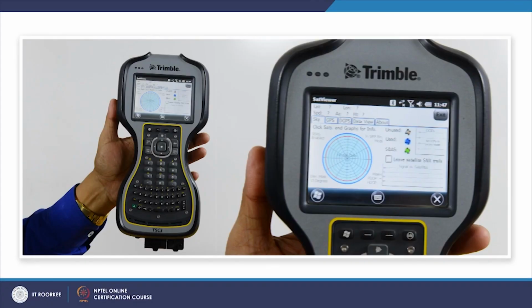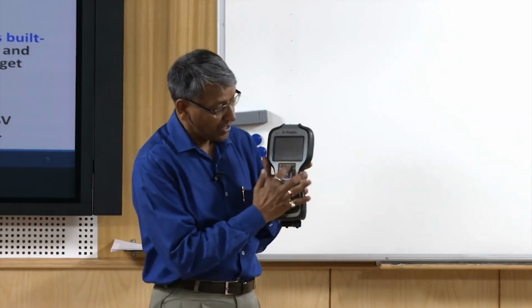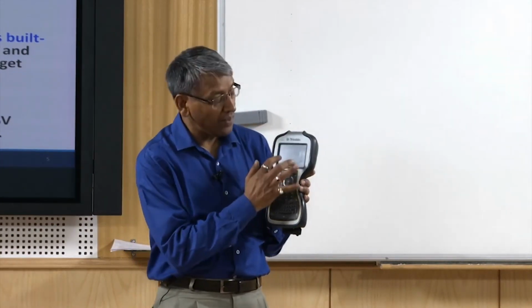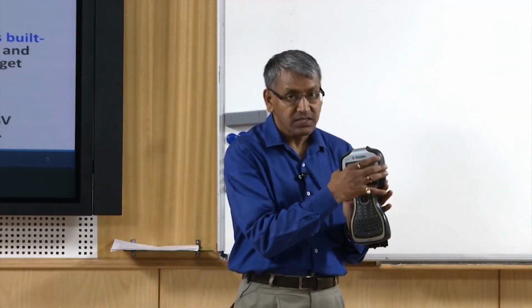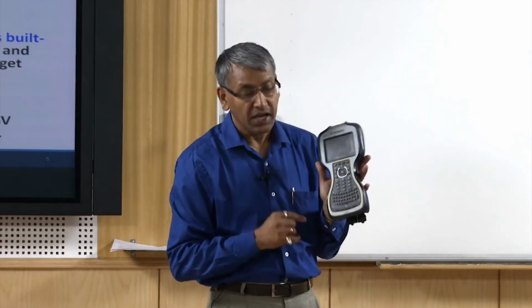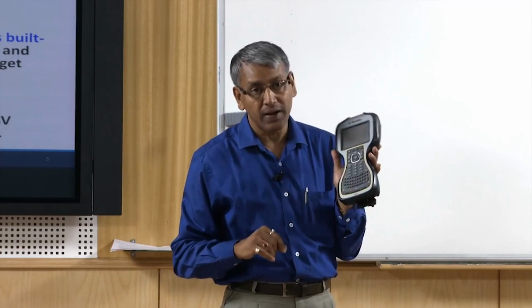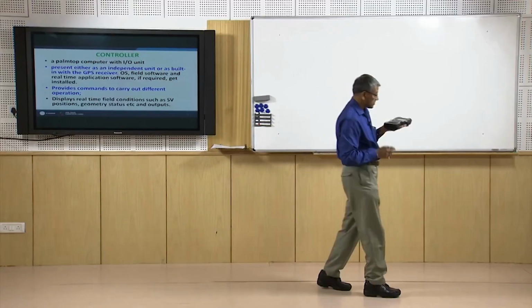Now this is a controller where this is the computer, this is the input unit and this is the output display unit. This controller has to be connected to the antenna as well as to the receiver independently through connectors using these input output ports.